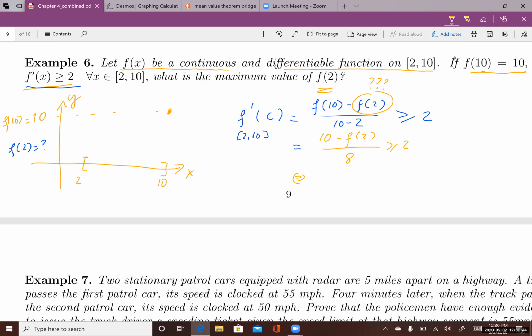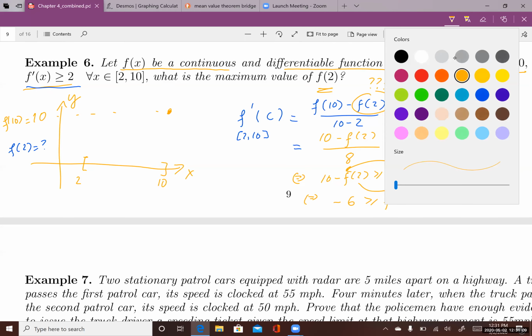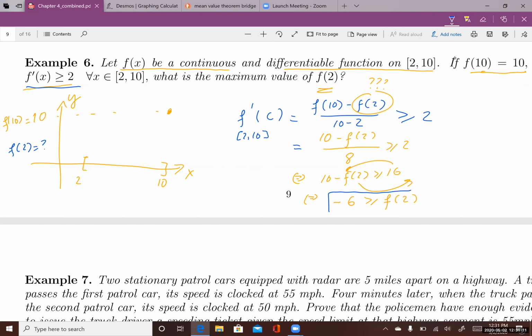Then I just need to solve for f of 2, right? So we have 10 minus f of 2 is greater than or equal to 16. Oh, so now I can solve for f of 2. I can bring the f of 2 to the other side and bring this to this side. So I have 10 minus 16 is negative 6, greater than or equal to f of 2. Okay. Finally, I got some restrictions for f of 2.